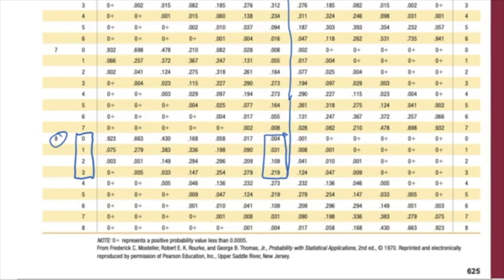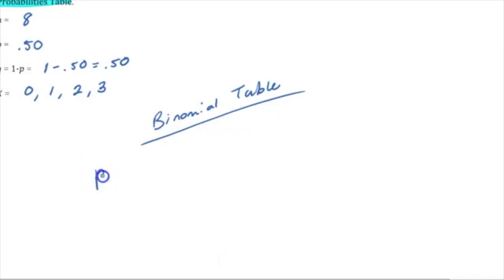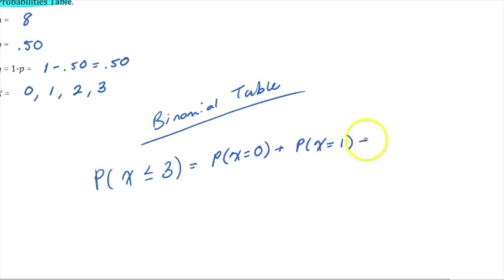Let's go back to our problem. Okay, so we want the probability that X is less than or equal to 3. So that is P(X=0) plus P(X=1), P(X=2), P(X=3).